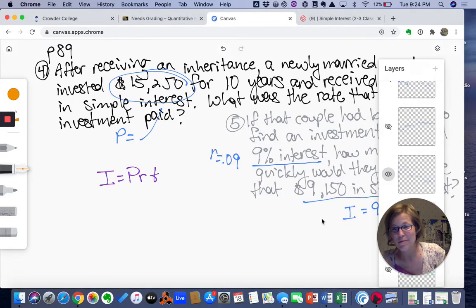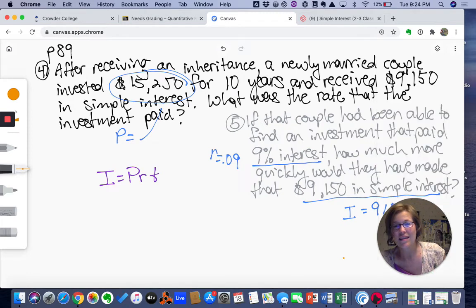Okay, one thing I'd like to point out is that in number 5, they tell us our new R. They repeat, tell us letter I, but they don't tell us the principal.